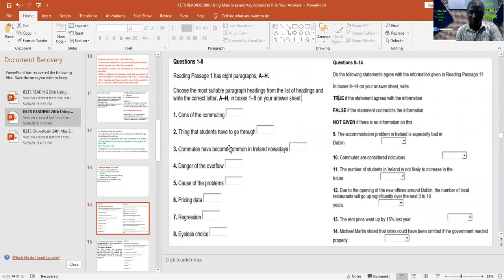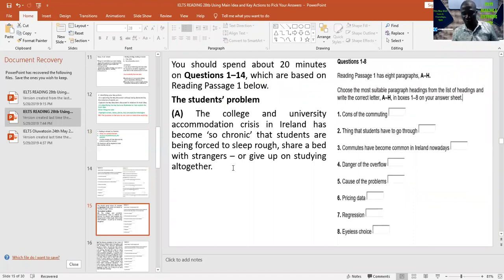So this is the question once again. You have two formats of question: matching task, and true, false, not given. Now this is paragraph 1. We've done some of this paragraph before, and possibly some of us are quite aware of it. Okay, so this is paragraph 1, and I've put the first part of the question here.